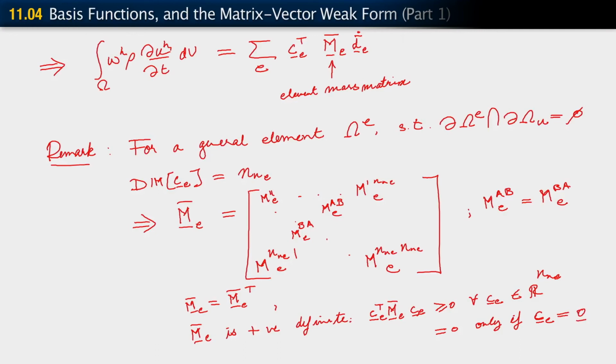This is what we mean by a positive definite matrix, and indeed M bar E is positive definite. So this is one remark about properties of the matrix. There is another remark, which is that M bar as computed here is what we call the consistent mass matrix.